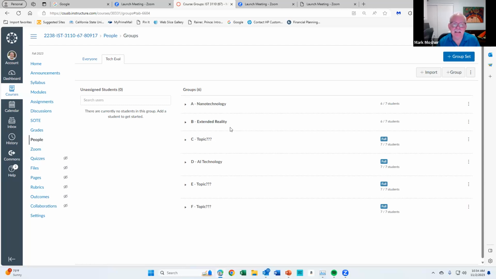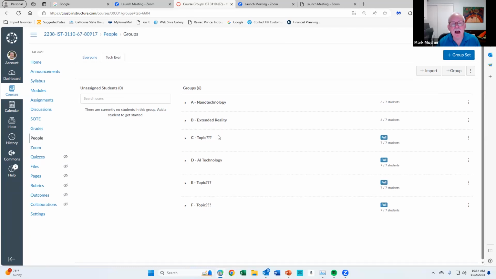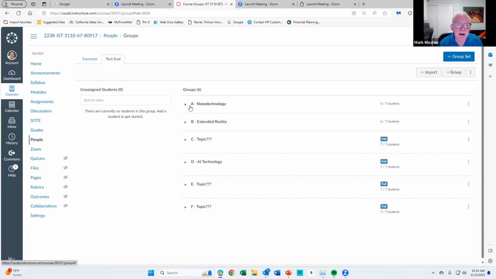And I need the date. If there's a letter here, the letter just indicates that I've created the group. Once I get an indication from a group saying they want to present on the first day, or be group 1, 2, 3, 4, 5, 6, or whatever, then I change this to a number, and then you know what day you're supposed to have your project out. I haven't received that.